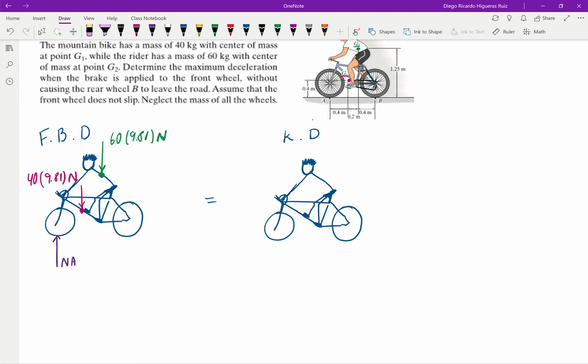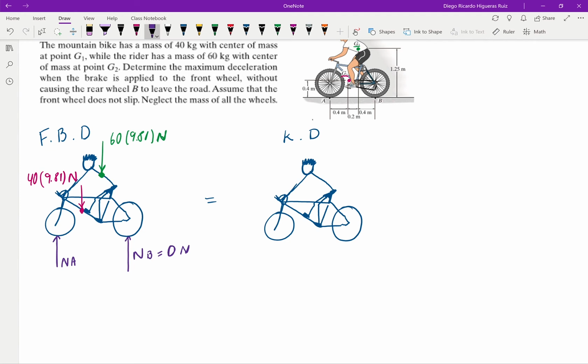Then we're going to have another normal force B. But this normal force B is going to be equal to 0 since the rear wheel B is required to just leave the road. So there is no actual force applied by the wheel. That's what that assumption means. Then NB is equal to 0 newtons.